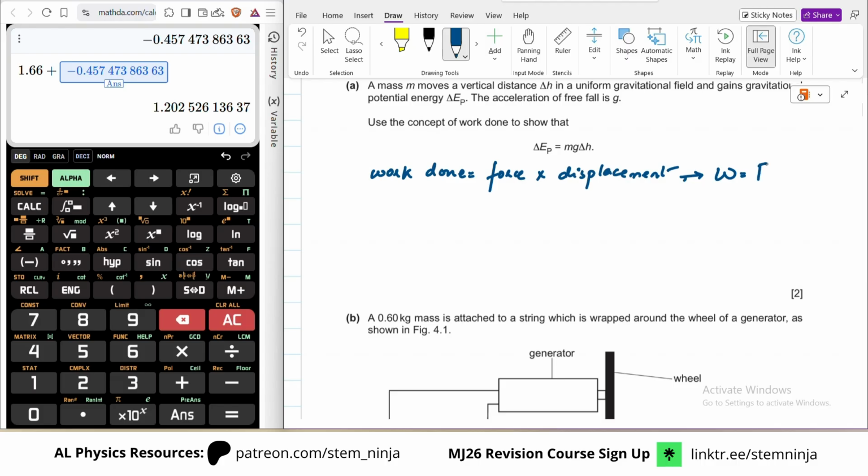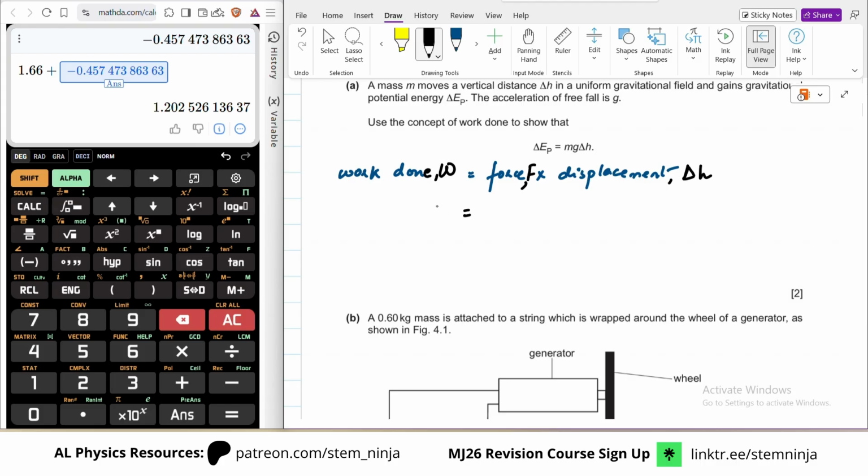Work is equal to force times S, or a better way would be to introduce the symbols over here. The displacement is h, or you can say delta h.